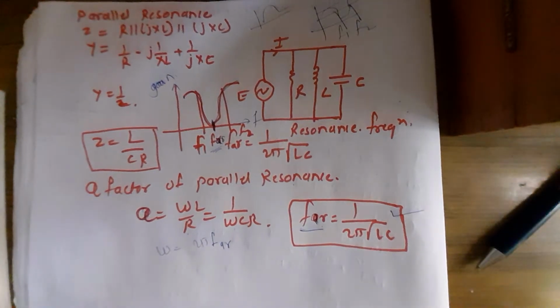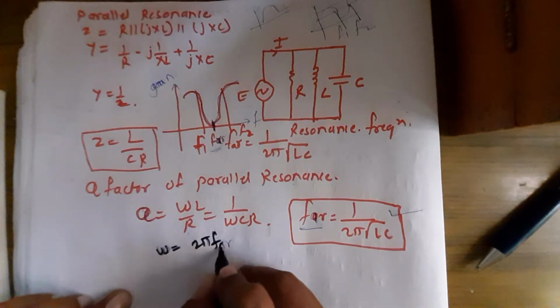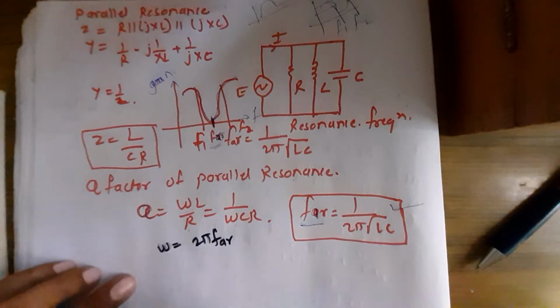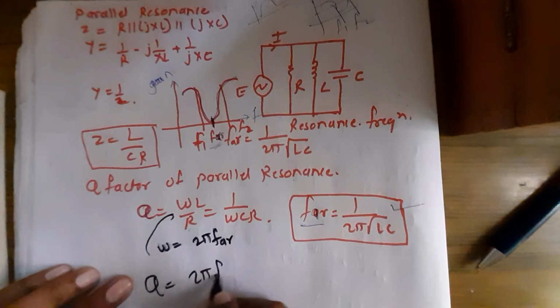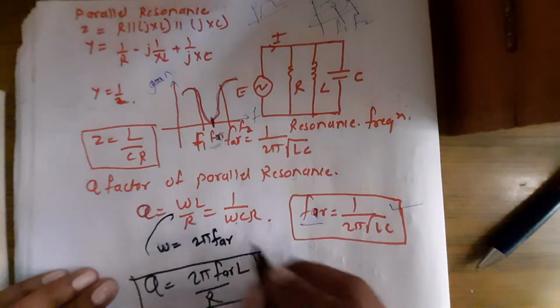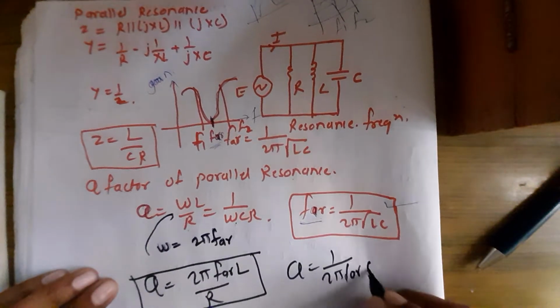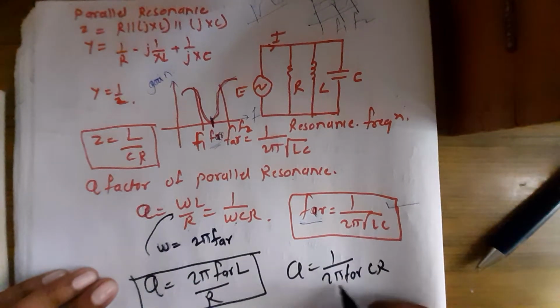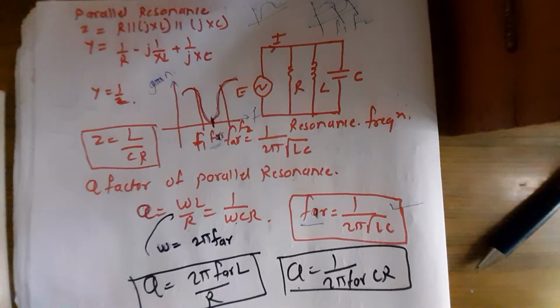So omega equals 2 pi FAR. Putting this value in, Q equals 2 pi FAR L divided by R, or Q equals 1 upon 2 pi FAR C into R. This is the value for series and parallel resonance.